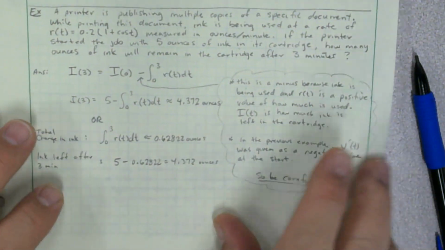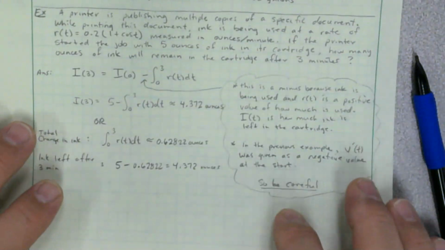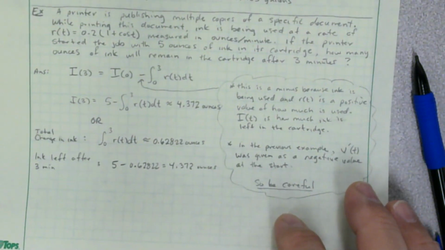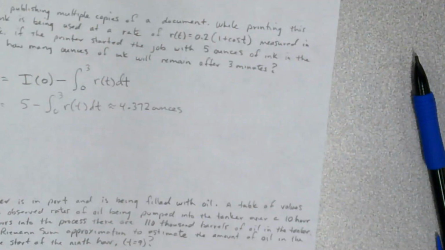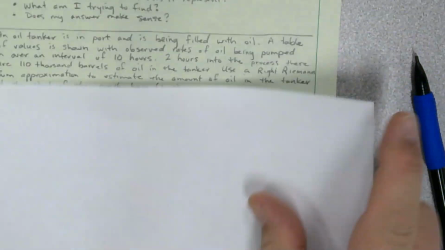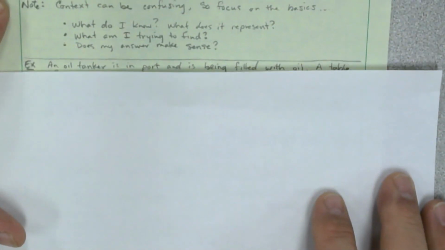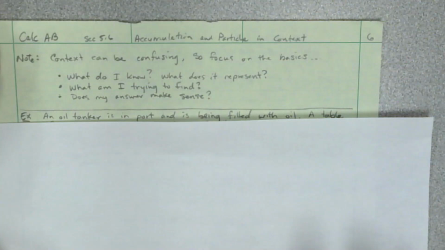So let's take a look at another example. And before I do that one, I want to talk about this. Just a little side thing here, to be careful on stuff. Context problems can be a little confusing, so read them carefully.